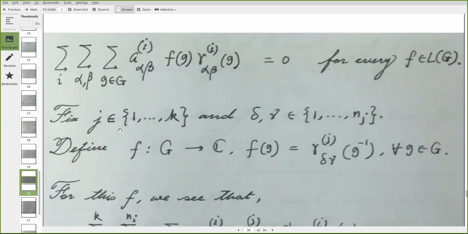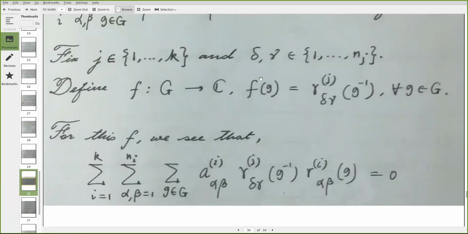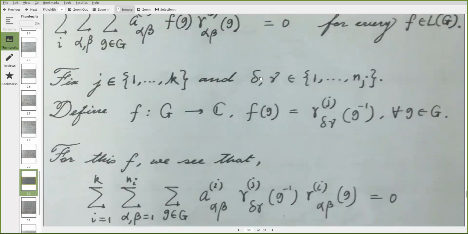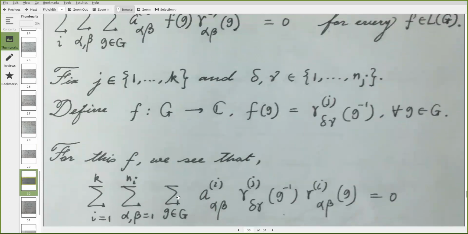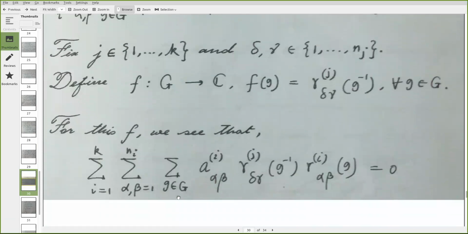Now we fix a j, a delta, and a gamma. Since this holds for any f, in particular, if this is our f, then for this f as well, this vanishes, right? So let's plug in this f in that expression, and this is what we get.